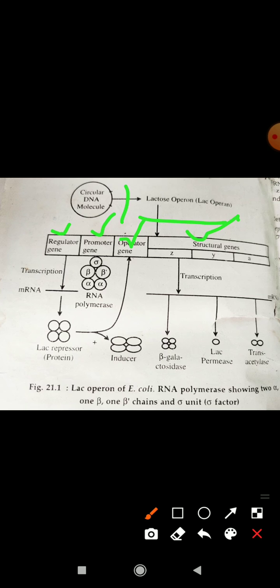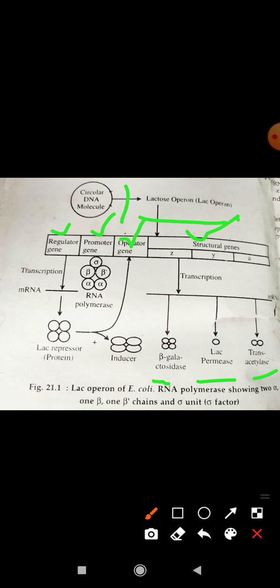Lac operon regulates synthesis of 3 enzymes. We know the names now: beta galactosidase, then beta galactoside permease, and beta galactoside transacetylase. What is the function of these enzymes?